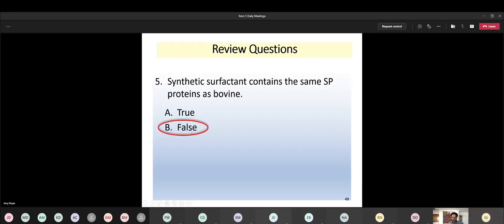Right. It's not possible. There's just no way, because it's synthetic. They engineered this stuff in the lab, and it has pretty much the same type of qualities as your normal surfactant, but it's still synthetic. So it's not going to have all the A, B, C, and D proteins that you'd expect to find in, say, a real animal.